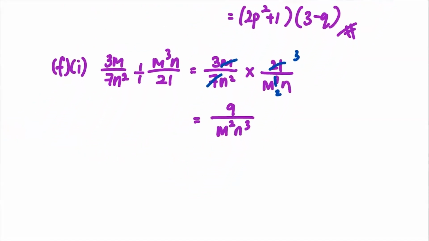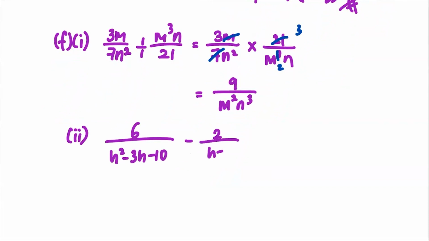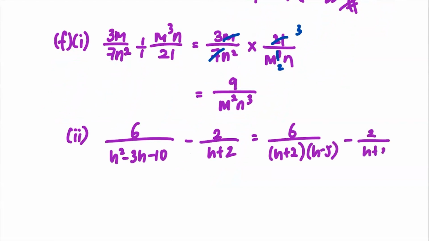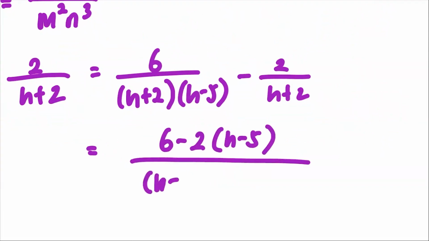And the very last one, before we end, part 2: 6 over (h squared minus 3h minus 10) minus 2 over (h plus 2). Break down the quadratic: (h minus 5)(h plus 2). Let's make a common denominator. So 6 over (h plus 2)(h minus 5) minus 2(h minus 5) over (h plus 2)(h minus 5).